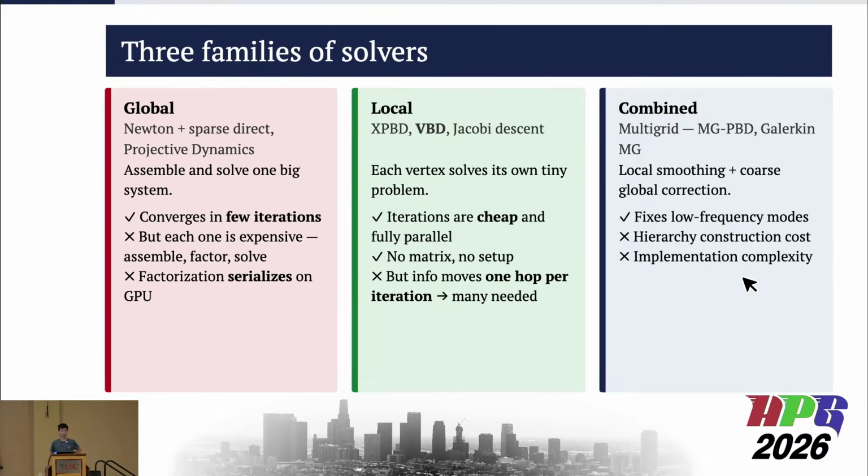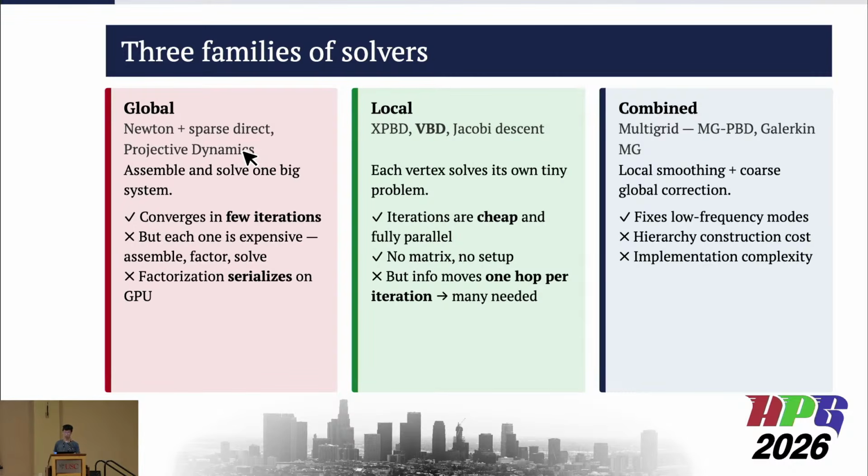Nowadays there are three families of solvers. One is global solvers, which solve all vertices at one time. It takes a very big step, and although it converges in few iterations, each iteration takes a very long time, since it tries to solve one big problem at each step.